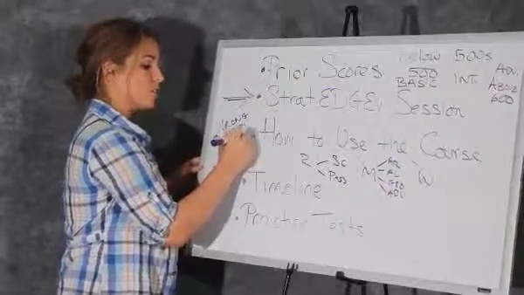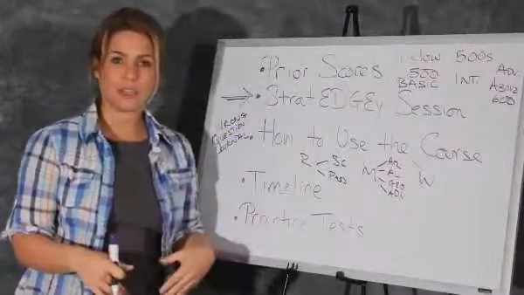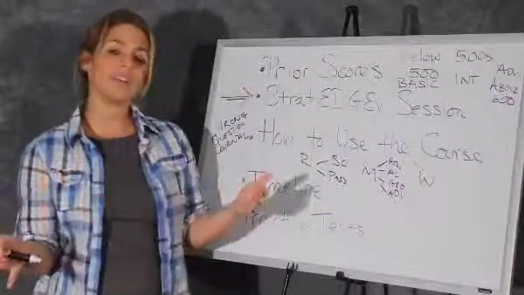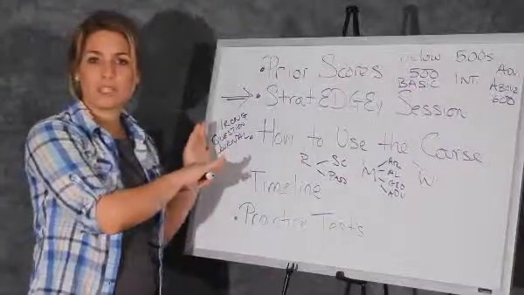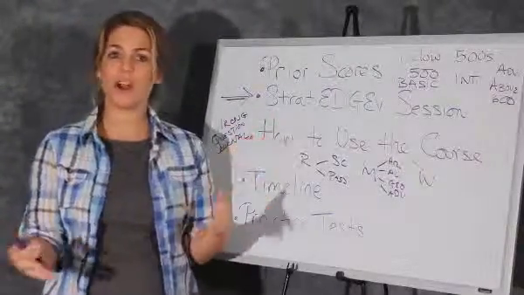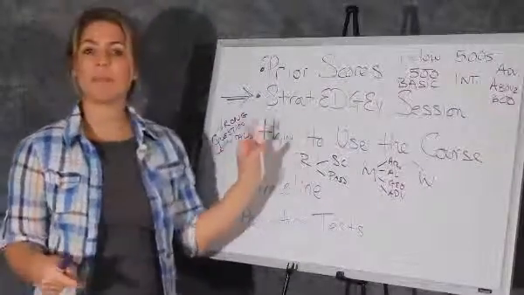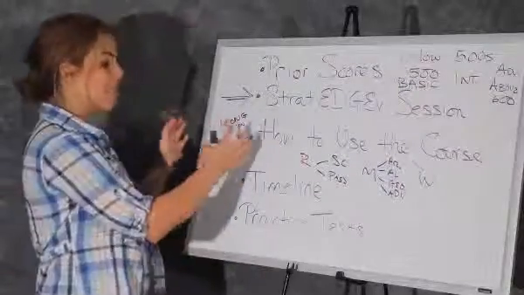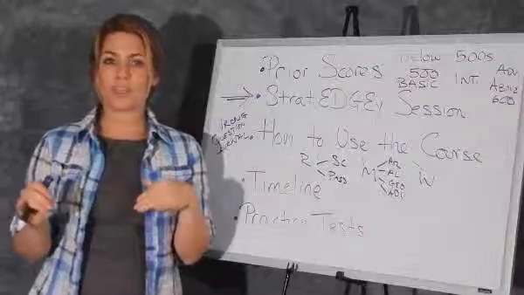Your wrong question journal should be kept with you while you're taking your course, so that as you're learning new concepts, if they're totally new to you and you have to memorize them, you should write them in your wrong question journal, or if you prefer, note cards are also great. And any concept that you're missing that you didn't know before that you want to remember, you want to keep in one place, either in a set of note cards or in your wrong question journal.